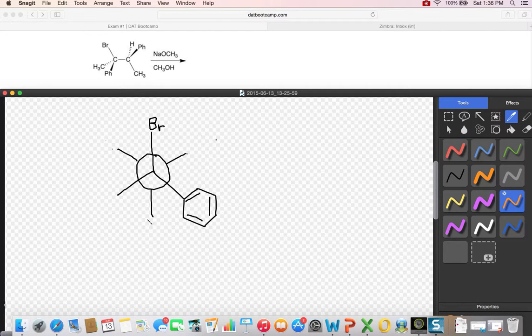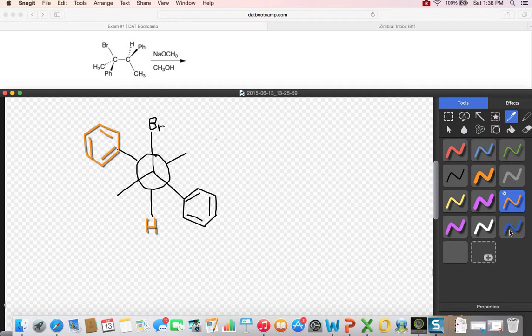Now the hydrogen is anti-periplanar to the bromine. The phenyl group will be up and to the left, while the methyl group will be up and to the right.